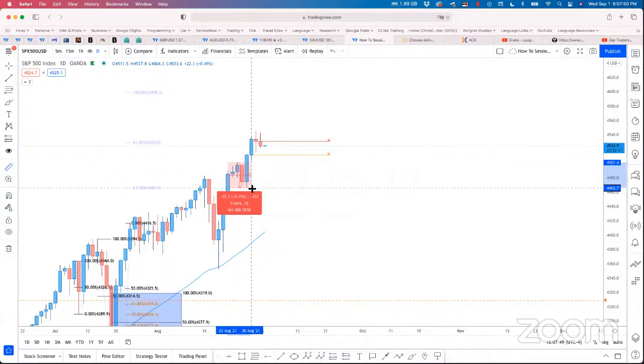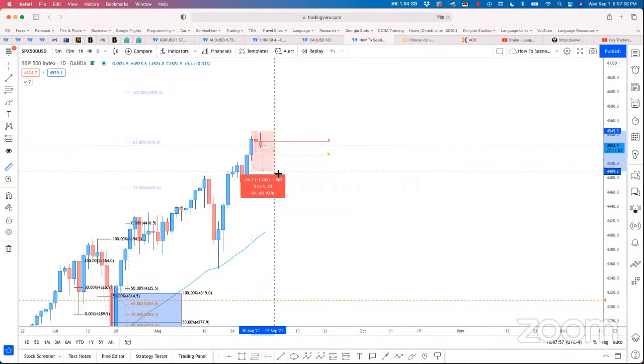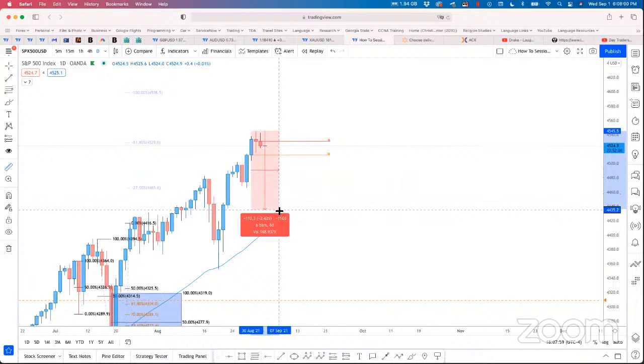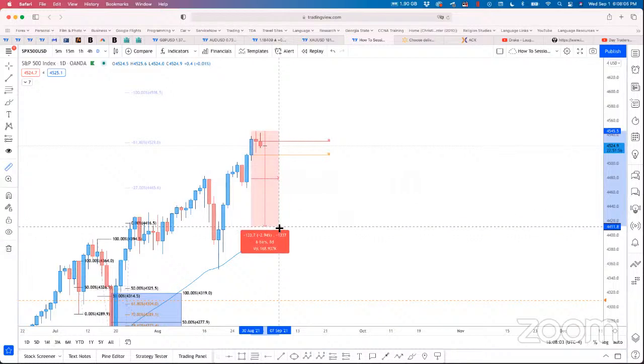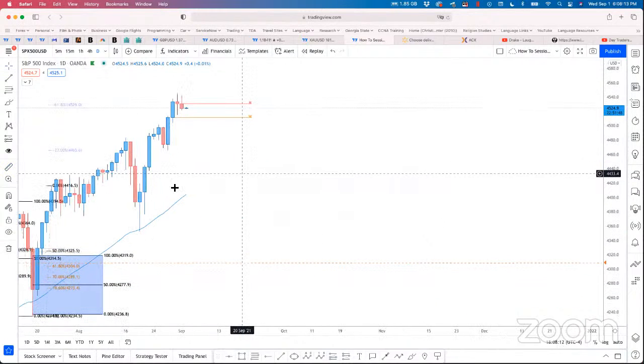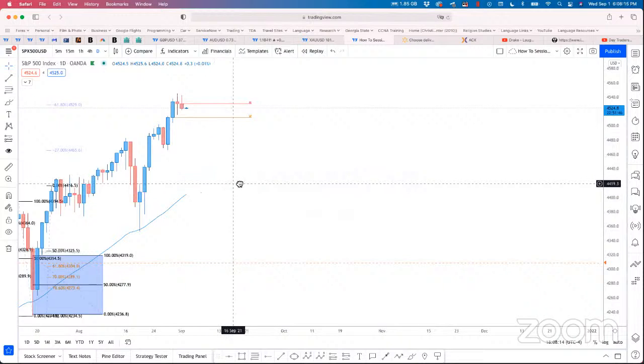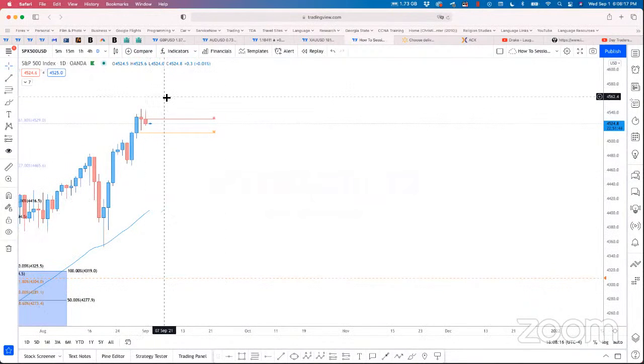So pretty much a 1% right here. For us to get a 3% from here, we would be looking at 44 flat. So we probably need to push up a little more.